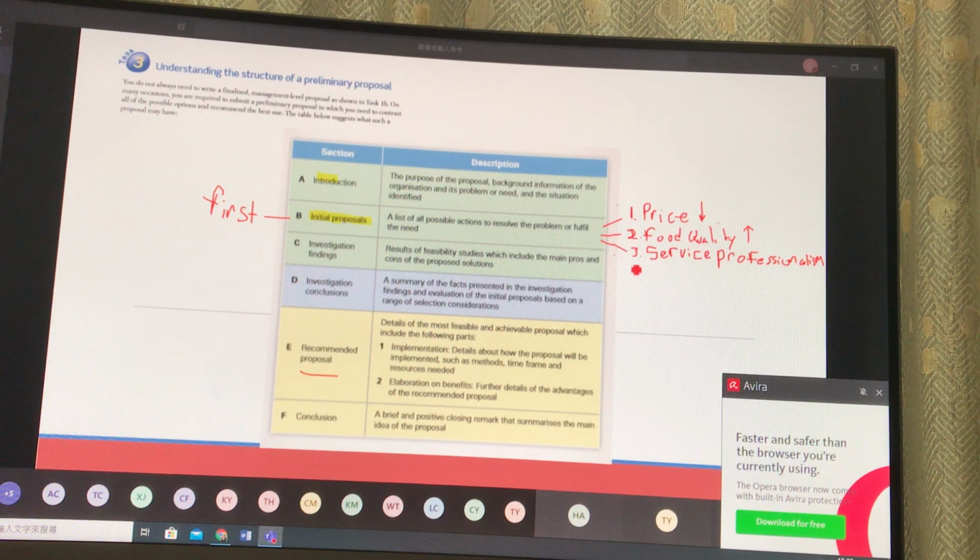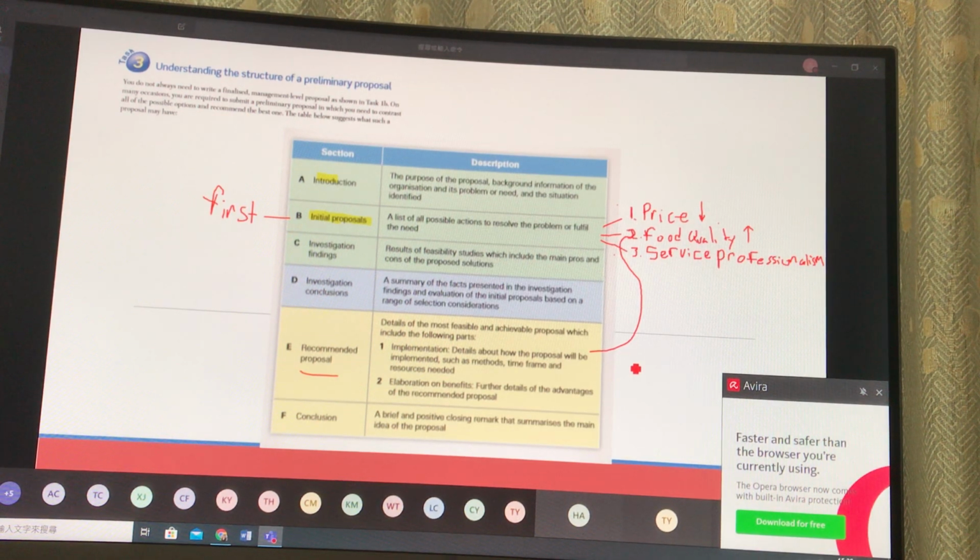So that's possible. Improving the service professionalism would also cost too much money because we need to hire new staff and implement training. So we've decided that food quality is the best one, the easiest one for us to fix. So we have decided to increase the number of recipes that we will use and improve the ingredients to make the food quality better.